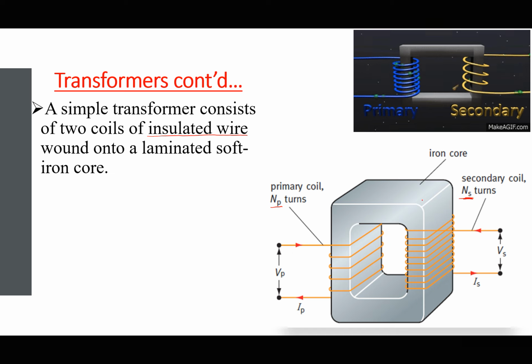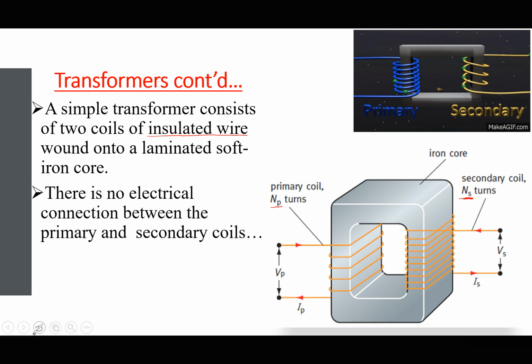These are linked by a soft iron core, as indicated by this diagram here, and I explained why it is called soft iron core. There is no electrical connection between the primary and the secondary because the wires are insulated. However, the soft iron core provides a link for the electromagnetic induction, whereby it simply concentrates the magnetic field.